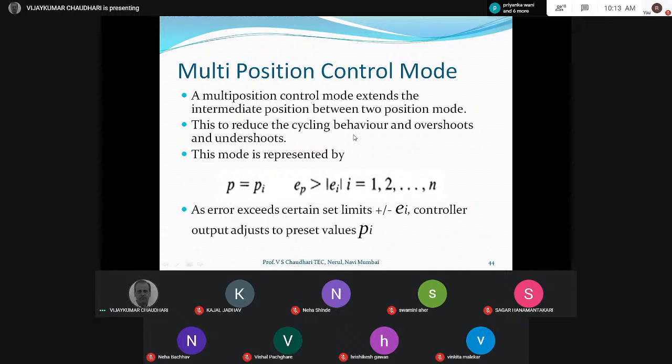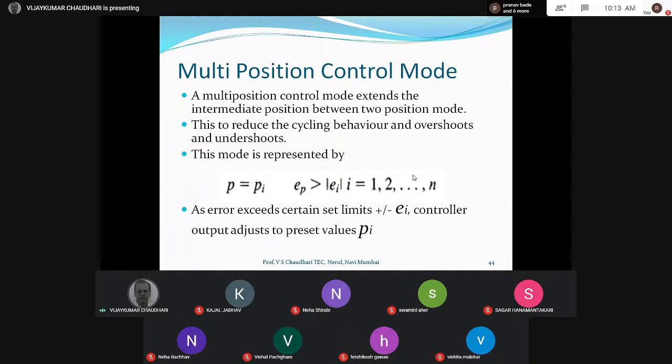So the multi-position control mode adds intermediate positions. This is to reduce cycling behavior. The reason is that there should not be oscillations, overshoots and undershoots. This is represented by P equal to Pi, where i represents 1, 2, 3, 4, the number of states that we want to add. But generally, as we go on increasing the number of states, the controller becomes more and more complicated, right?